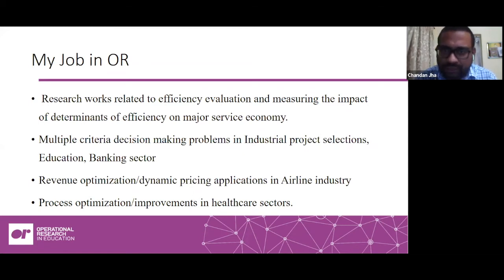So one is education, or we can say healthcare. One part is the assessment or evaluation of efficiency. The other part is the determinants of efficiency, meaning the other variables, for example, locational variables and organizational factors.